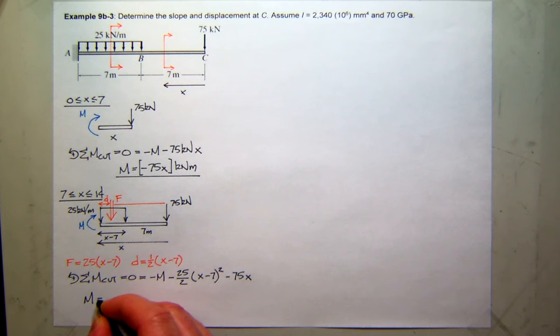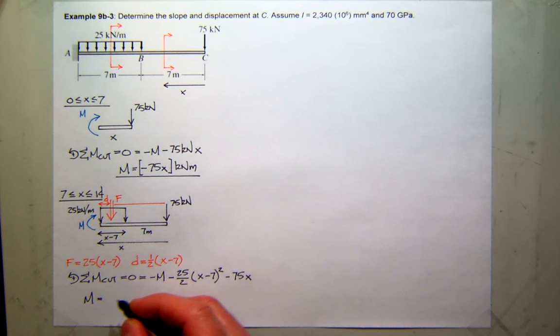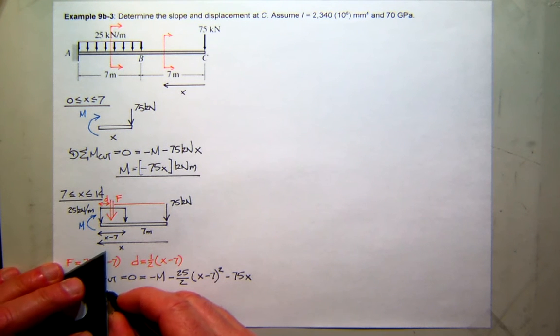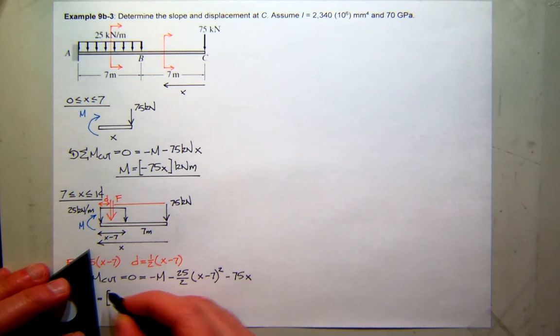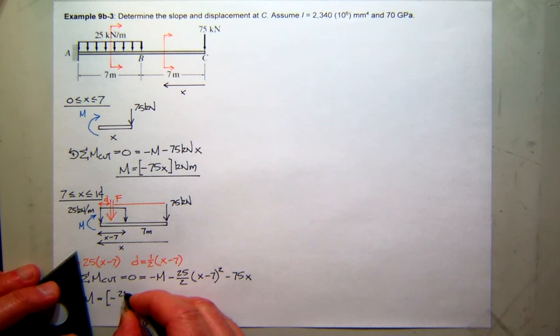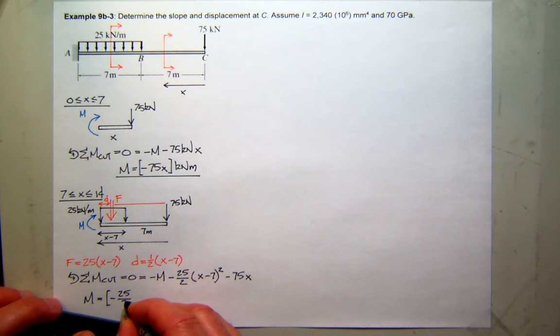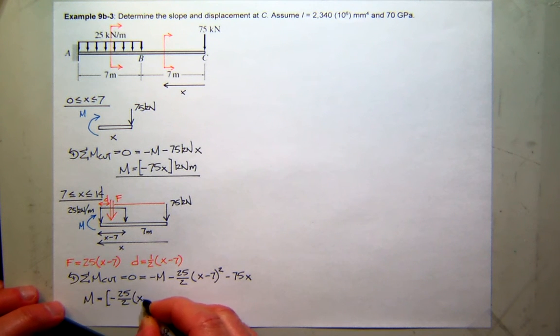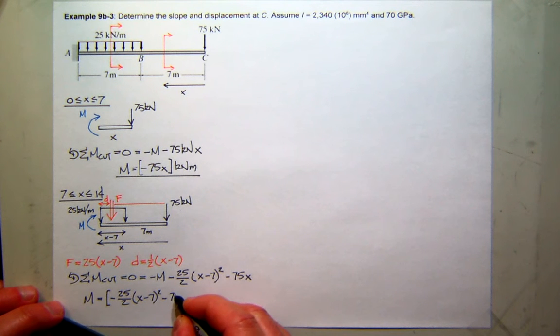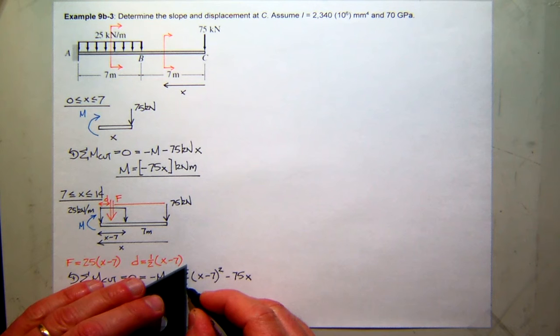So my real moment in this section would be, just throw all the stuff to the other side, I get minus 25 over 2 times x minus 7 squared, minus 75x.